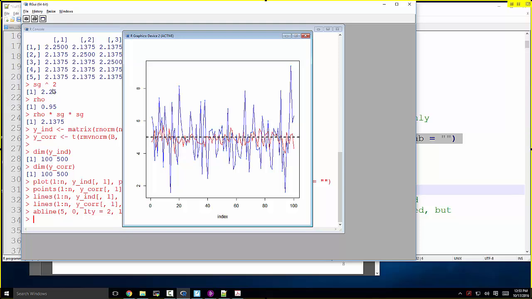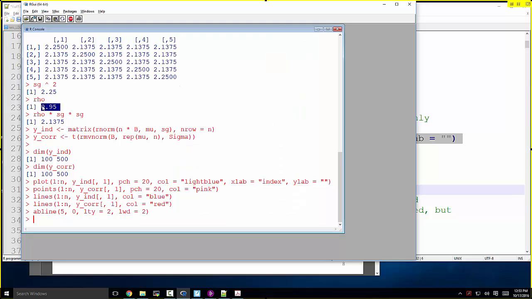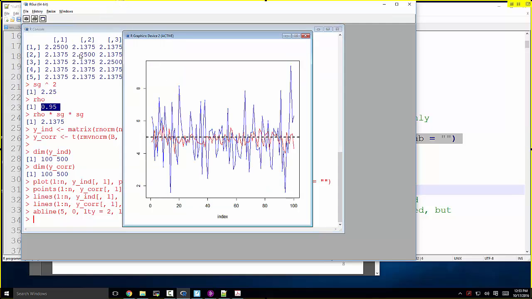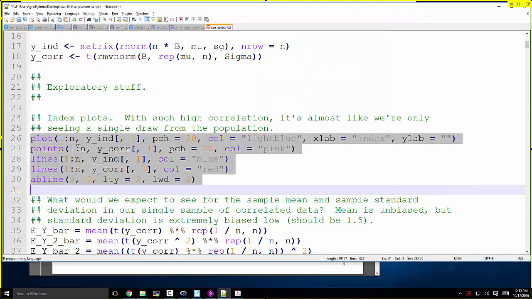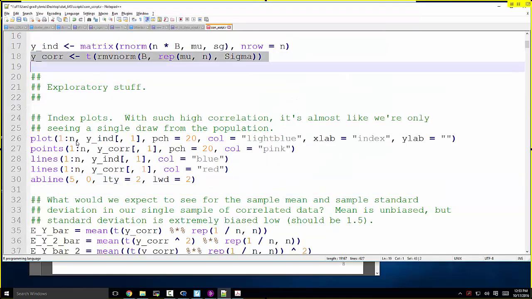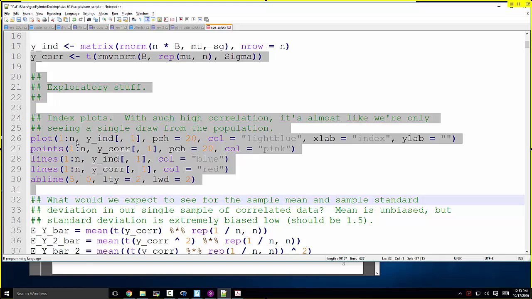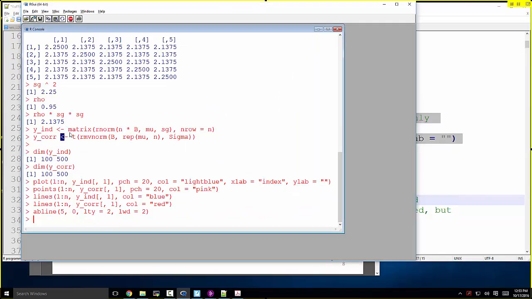That's because of the strong positive correlation. And remember, if we rerun this, we'll see different pictures. So let me just regenerate this a few times. Here's a new batch of simulated data.